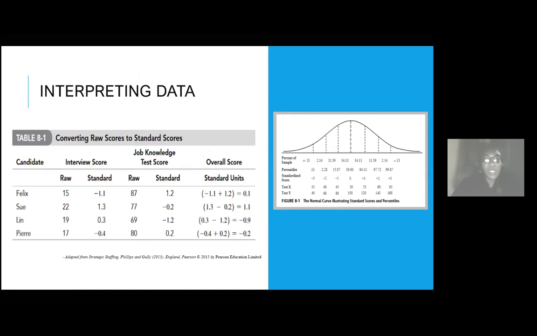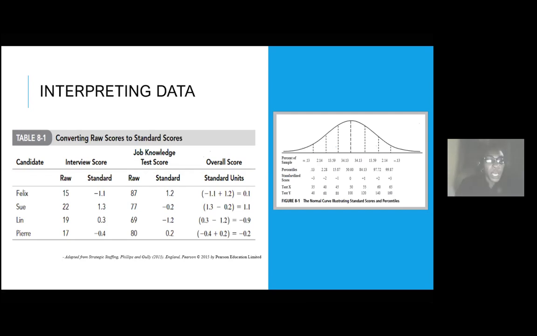And we'll now speak to table 8.1. Let us see what all these terms that were mentioned earlier mean in a table representation such as this. So here we see Felix, Sue, Lynn and Pear. But just for time constraint, I will just deal with Sue and Pear. So we can see 2 tests, the interview scores of those tests and the job knowledge test scores.